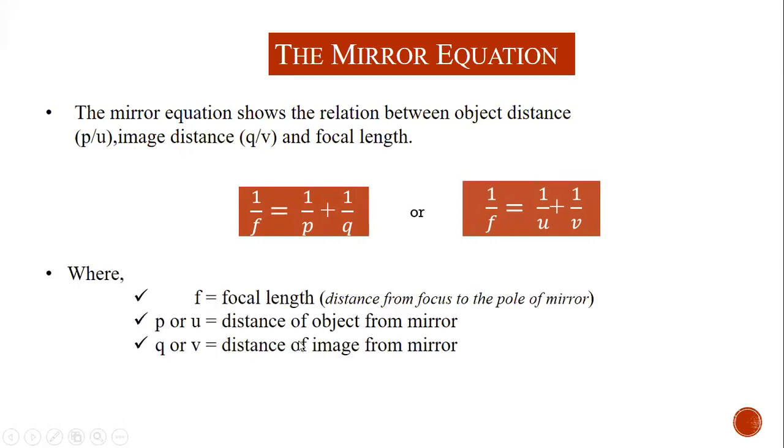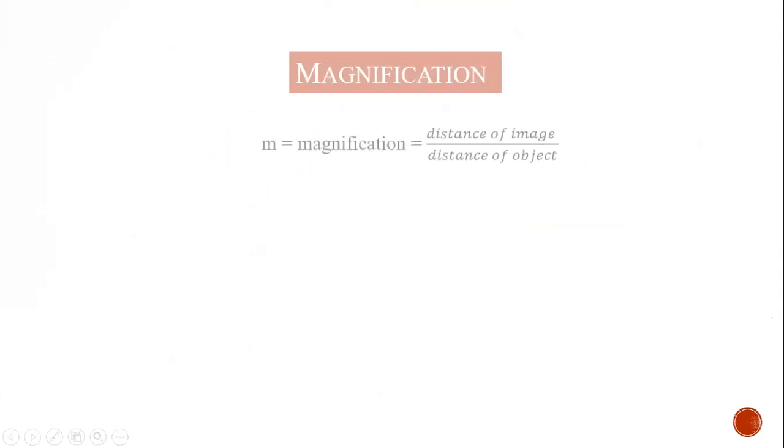Where F represents the distance from the focus to the pole of the mirror, P represents the distance of the object from the mirror, and Q or V represents the distance of the image from the mirror.